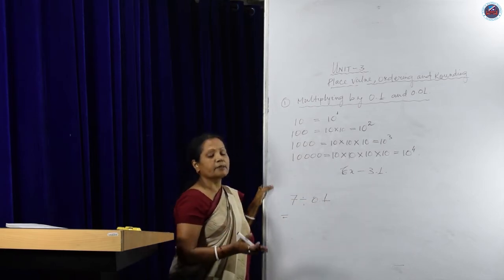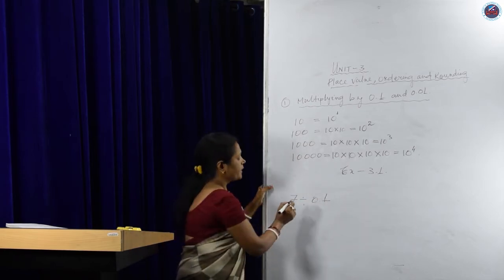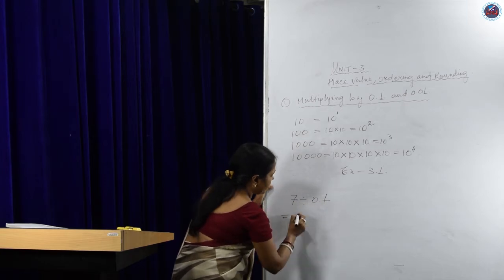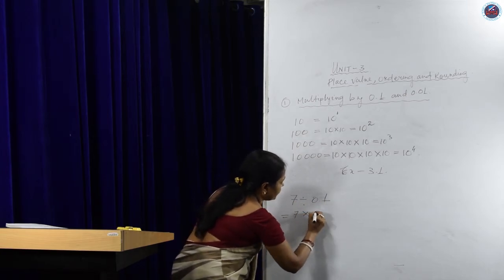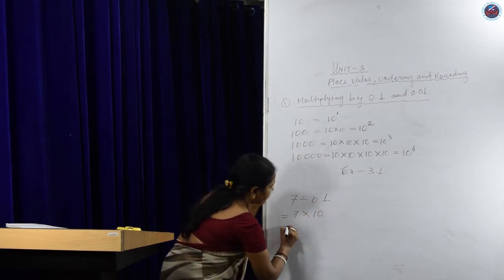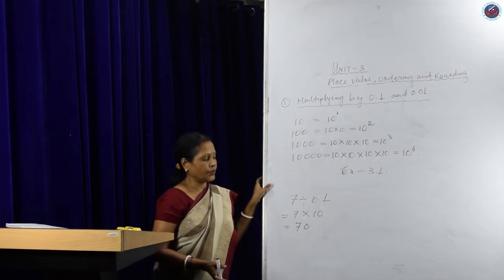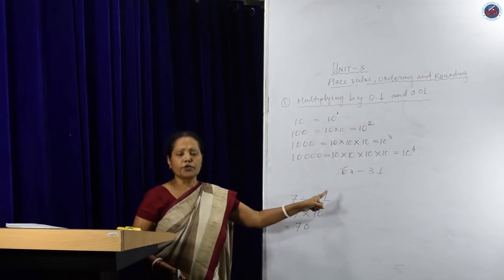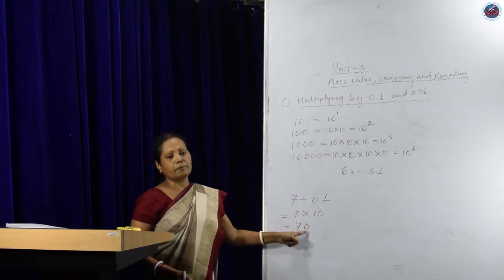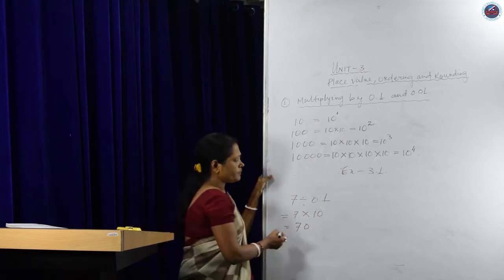It's the same as multiplying by 10. So 7 divided by 0.1 will be 7 into 10. That is 7 tens are 70. In this way, it's very easy to do. So dividing by 0.1 is the same as multiplying by 10.